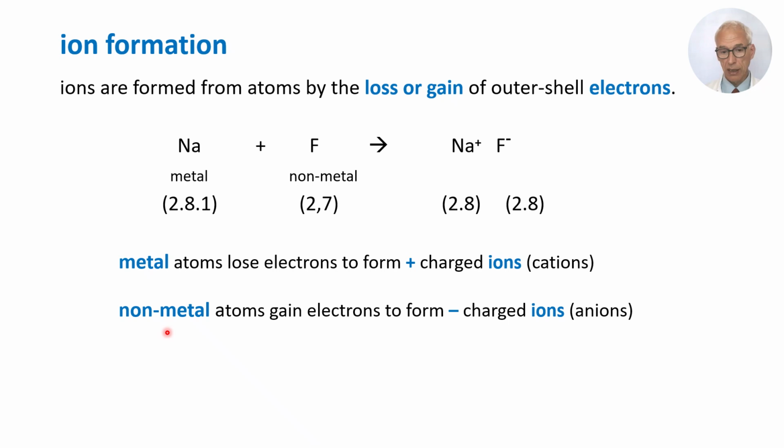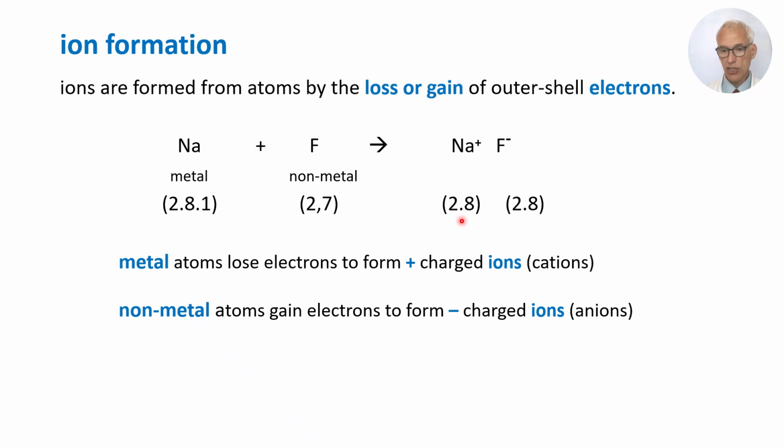The non-metal atoms, for instance fluorine, gain electrons to form negatively charged ions. By having additional electrons, they acquire a negative charge, and they are called anions. So fluorine starts off at 2,7, gains one electron from the outer shell of sodium to form 2,8, and therefore forms a negative ion, the fluoride ion.